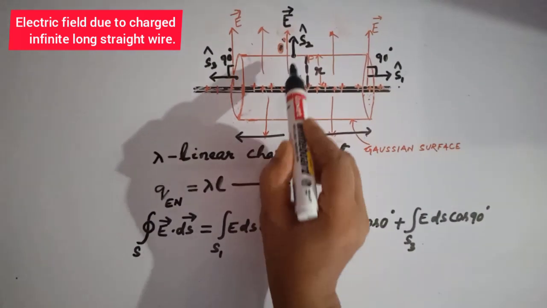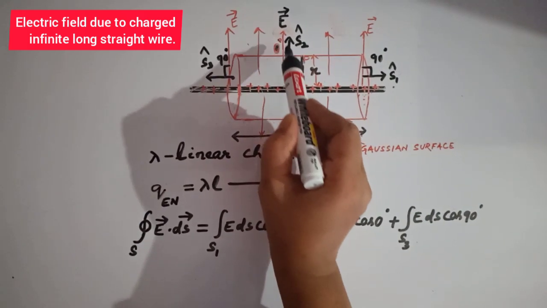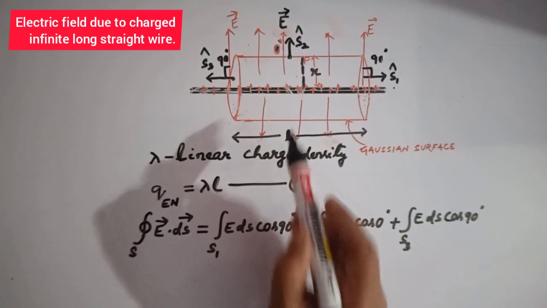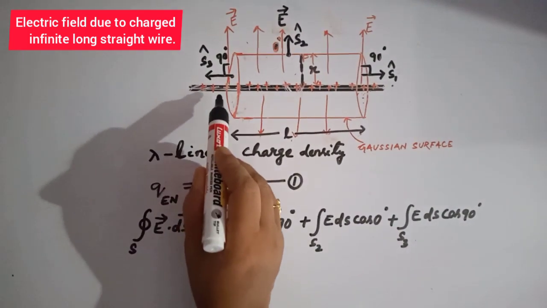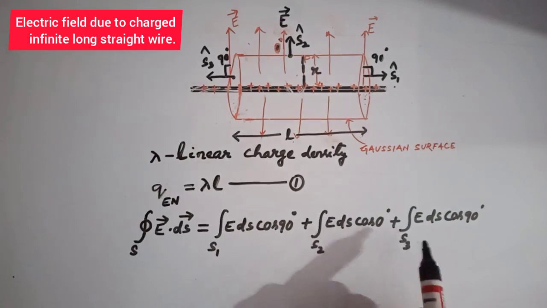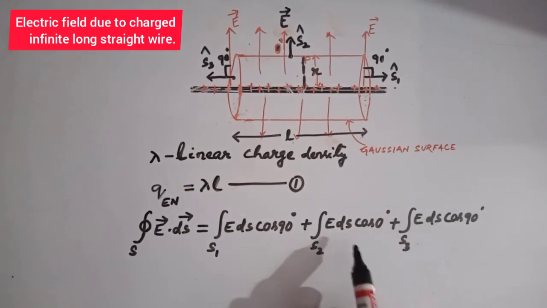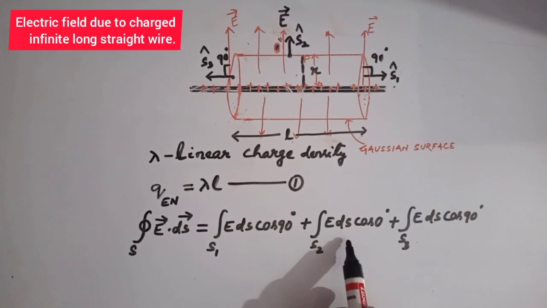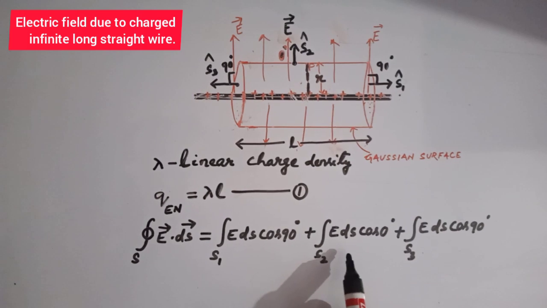You can take this one point where the electric field direction is like this and the area vector is also in the same direction. So it is cos 0. For the third surface also it is 90 degrees, so it is E ds cos 90. These two terms become 0 and only this term will be there. That means flux passes through the curved surface only.